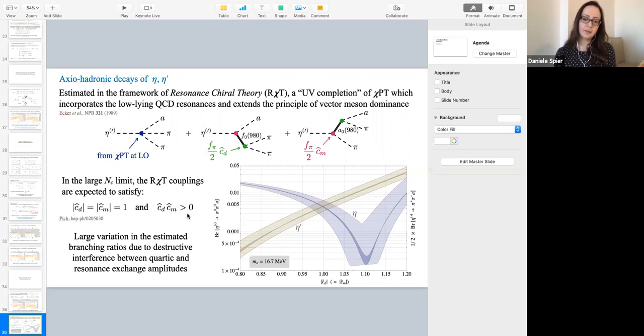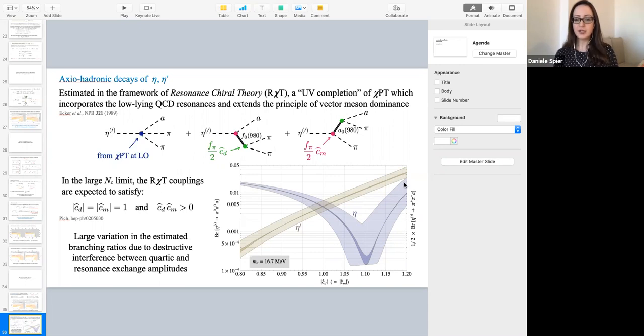And also data establishes that the relative sign between these two should be positive. But because we don't know that they're one, they're probably not, and we don't have a very precise way to determine that, I varied both of these parameters within plus or minus 20%, and then using these contributions to calculate the decay of eta and eta prime to pi a.